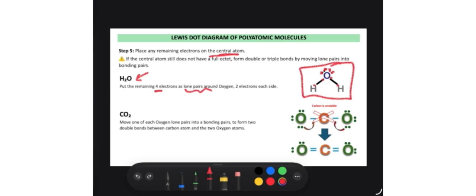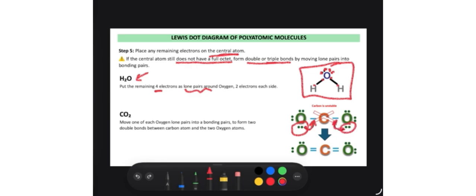We don't have any remaining electrons. The central atom still does not have a full octet. As we already said, carbon is still unstable. So we have to form double bonds or triple bonds in this case by moving the lone pairs into bonding pairs. So we decide to change these 2 lone pairs into bonding pairs.